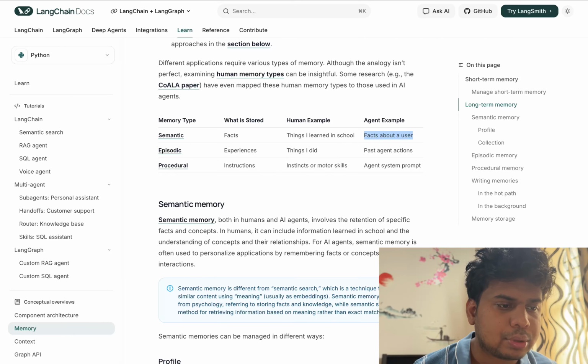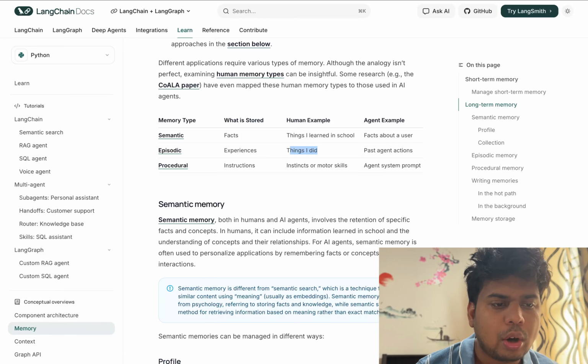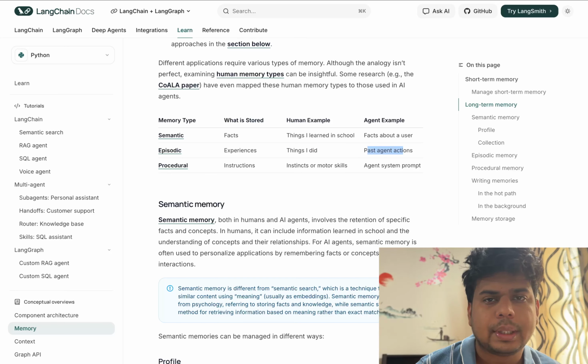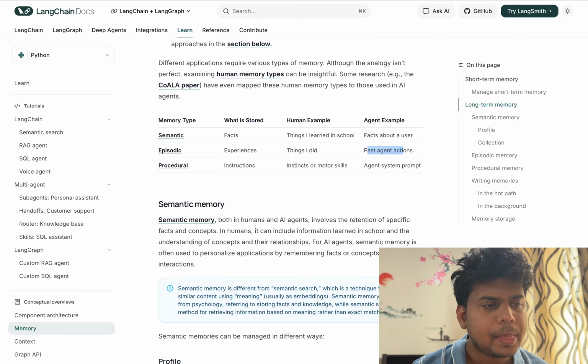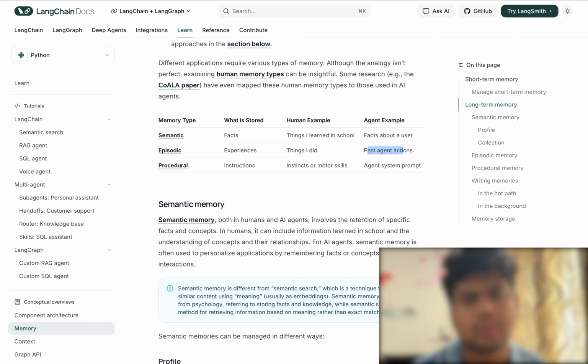And then there is episodic memory. Episodic memory is experiences. Basically, things I did, or from the agent's point of view, the agent's past actions. For example, let's say there was a question, like 2 plus 2 is equal to 4, but the user always prefers you to give an explanation of why 2 plus 2 is 4 in markdown format, giving all the explanation.